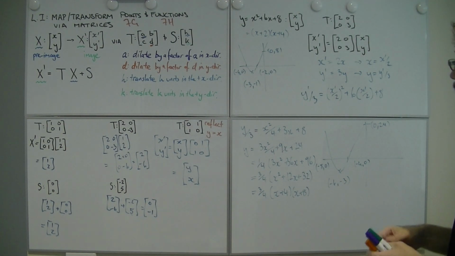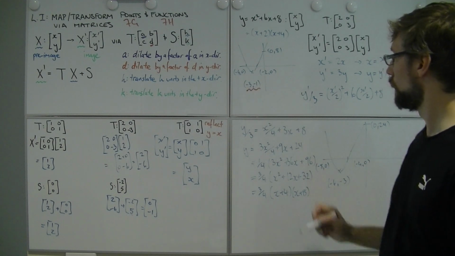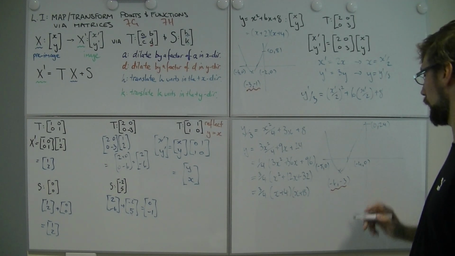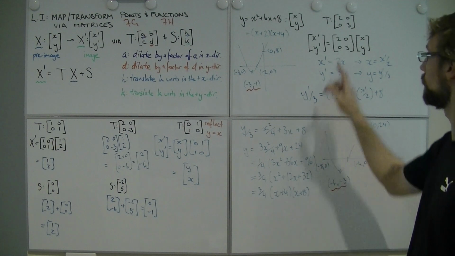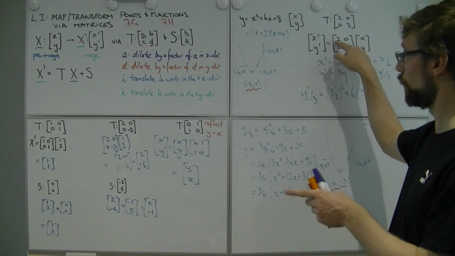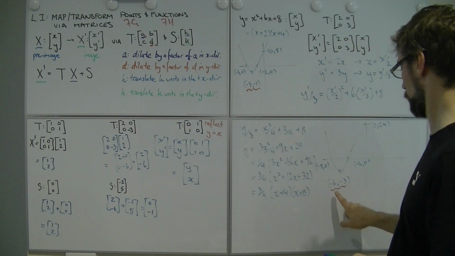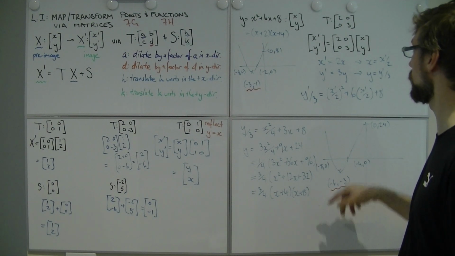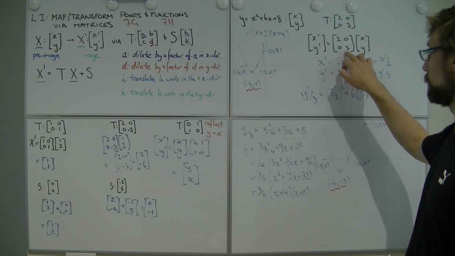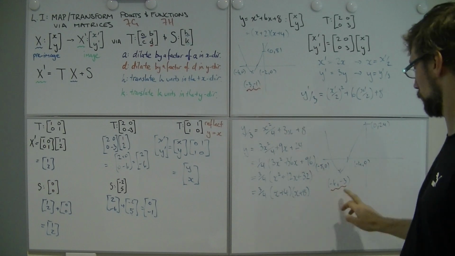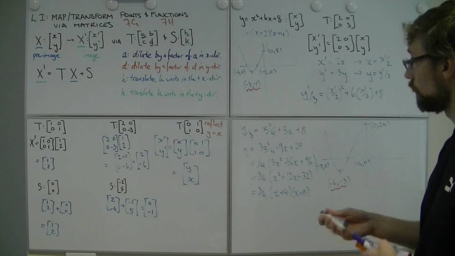Okay, well, we went from -3, -1 to -6, -3, alright? I should go further in the x direction by a factor of 2. Yep, that checks out. -3 went to -6. Should go in the y direction further by a factor of 3. -1 becomes -3. Yep, that's good.